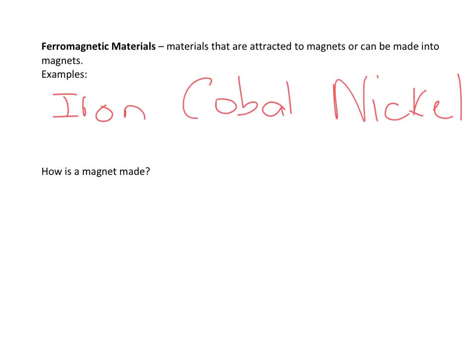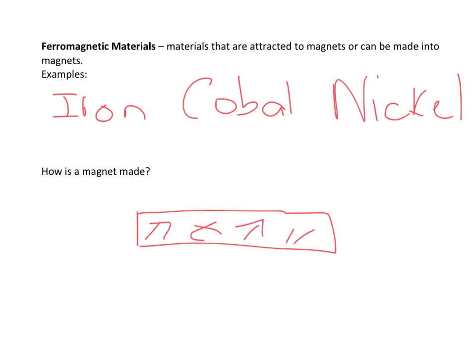You may have seen someone magnetize something like maybe a needle before. You can make a compass by magnetizing a needle, and all you really need to do is take your piece of metal, and basically when you start, your piece of metal has all those domains pointing in different directions, right?